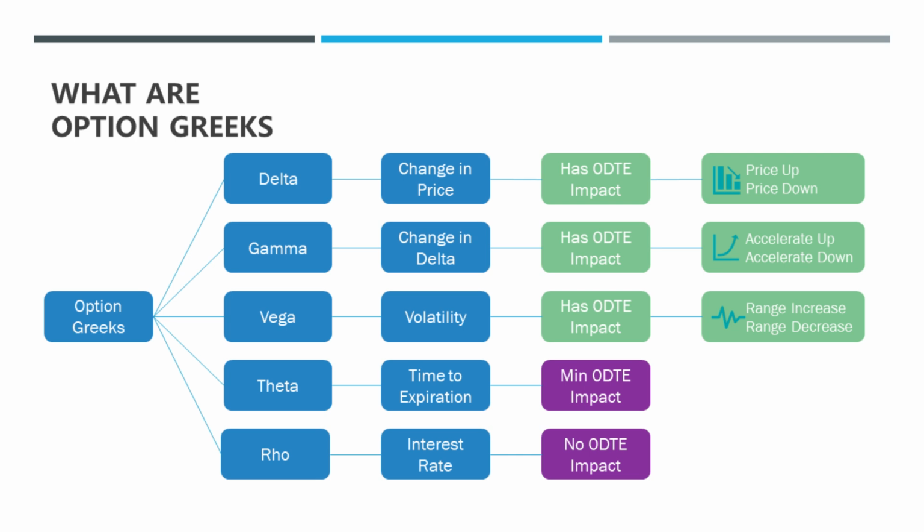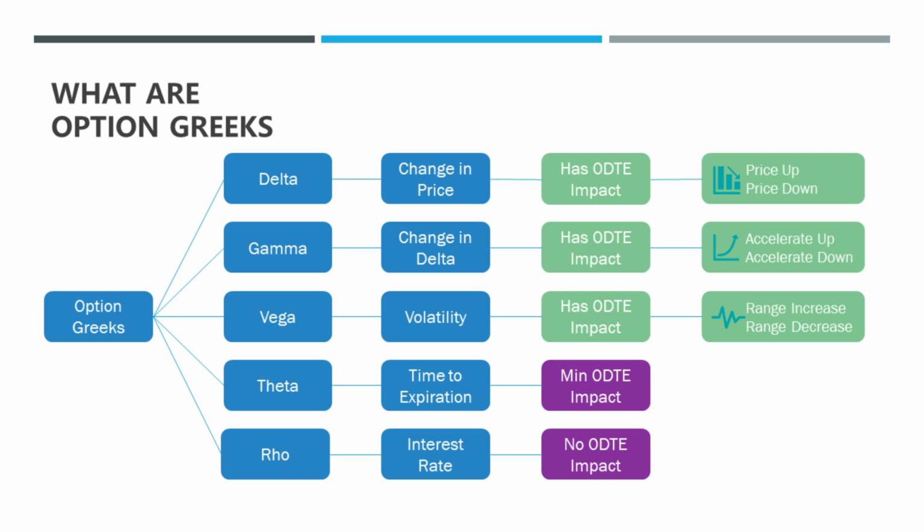Gamma is the change in option price based on the change in delta. Think of it as a derivative of the price. Vega is when the volatility increases, then you see an increase in the option price. Theta is time to expiration, rho is the interest rate.